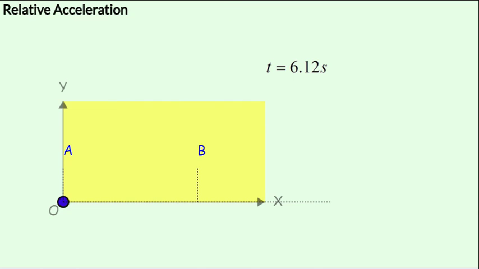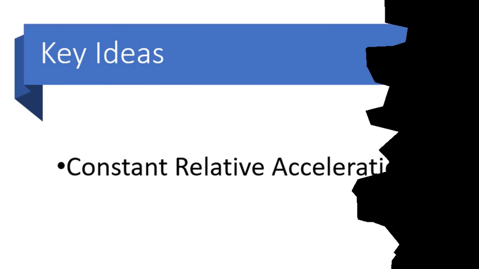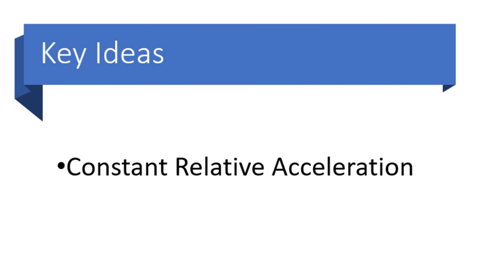And finally, to plug this into the equations of motion, and this will be valid provided the relative acceleration of B with respect to A is constant. We could apply the equations of motion to a moving object as seen by another moving object, but provided the relative acceleration between the objects is constant.